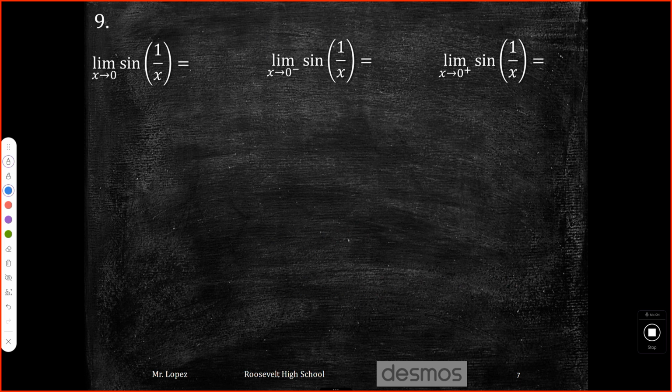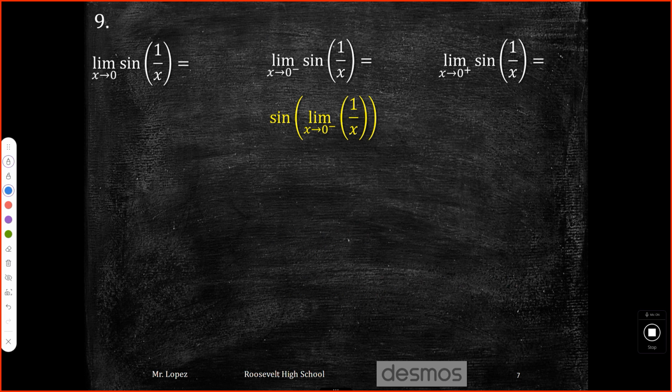Let's go over the third case of limits that do not exist: the limit as x approaches 0 of sine of 1 over x. We had jump discontinuities and other cases that we already went over, but this is a third case of a limit that does not exist. Let's do this middle one: the limit as x approaches 0 from the left of sine of 1 over x.